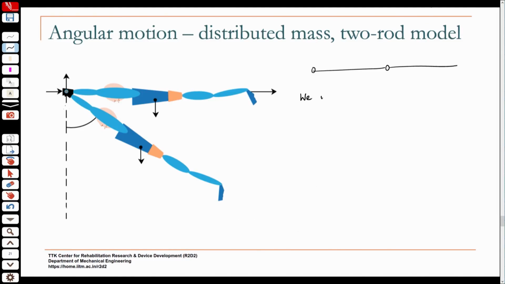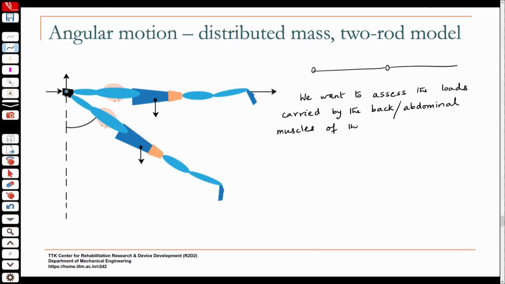We want to assess the loads carried by the muscles when 2 rods of mass 2m are let go from a horizontal position. Just for simplicity this time I will take the mass as 2m, because it is easier to analyze.